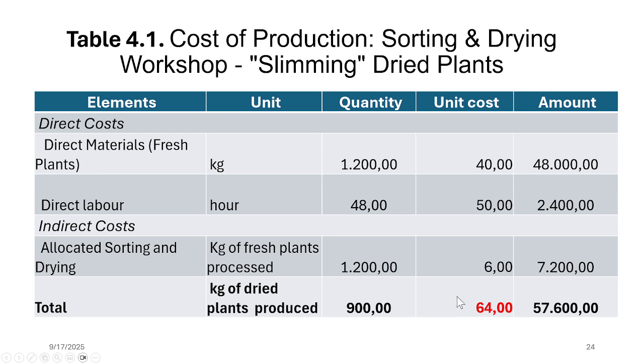So now the unit cost equals the total amount of 57,600 divided by the quantity, the kilograms of dry plant produced. So we have a unit cost of 64 euro per kilogram of dry plant produced. We'll use this to calculate the cost of inventory in the next slide.